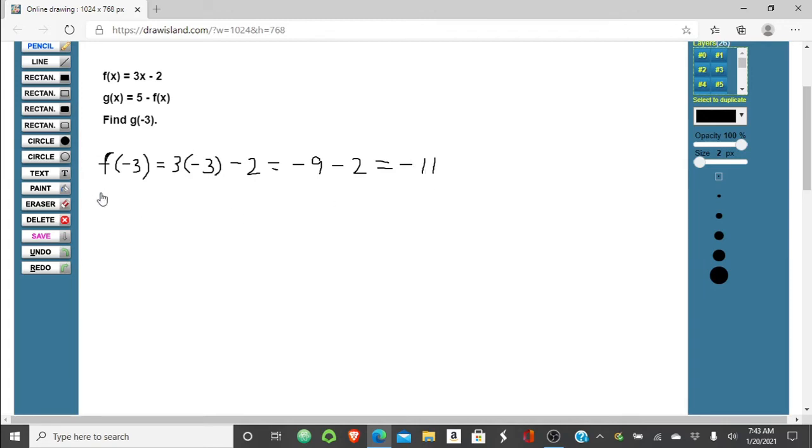Now you notice that g uses f. So g of negative 3 is going to equal 5 minus f of negative 3. So it's going to equal 5 minus negative 11.